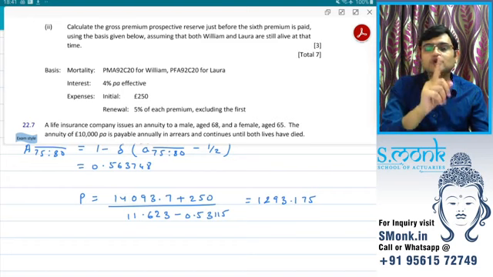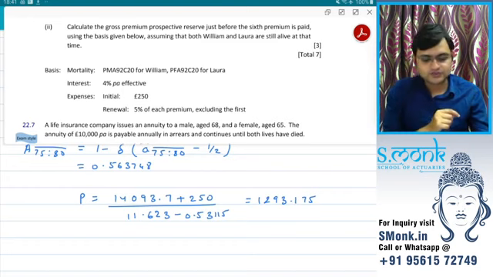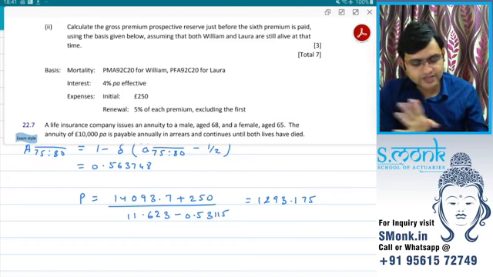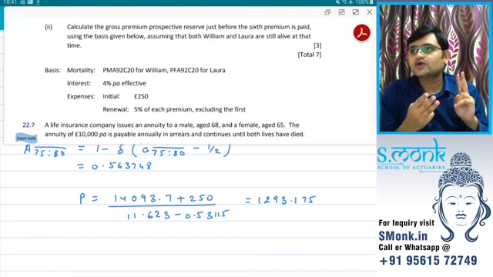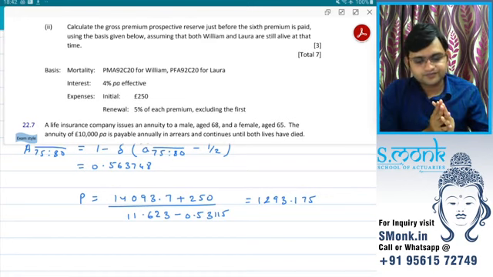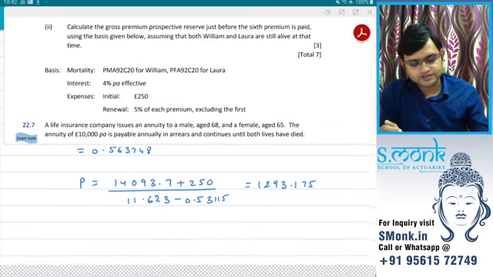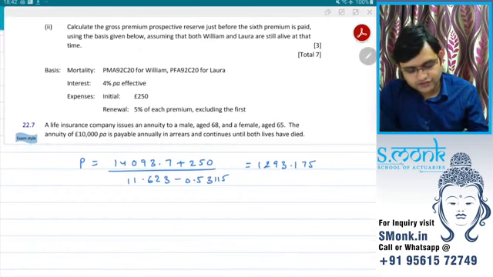I will show you how to calculate that as well. With this same example, we will take all three cases into account and see what our total gross premium prospective reserve would be.